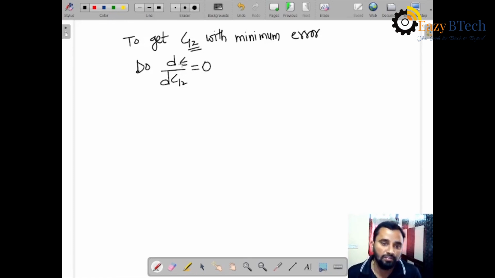So differentiation of epsilon, the MSE, with respect to c12 and equate to 0. So this we are going to do now.